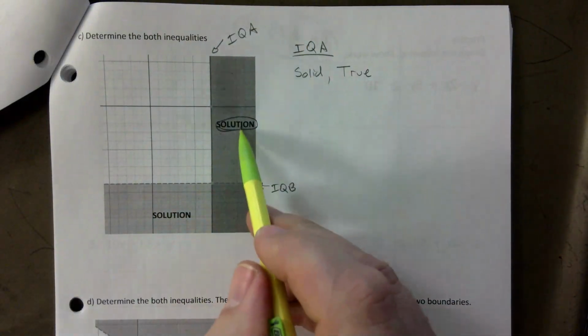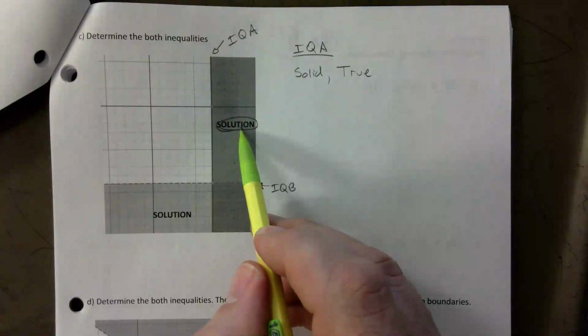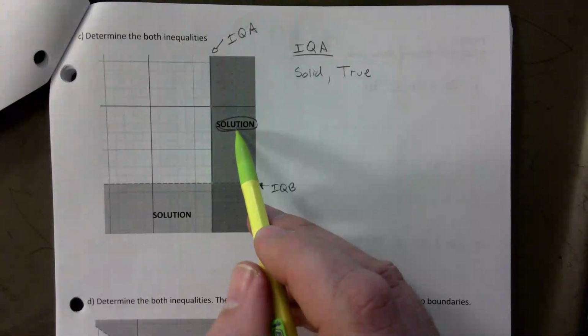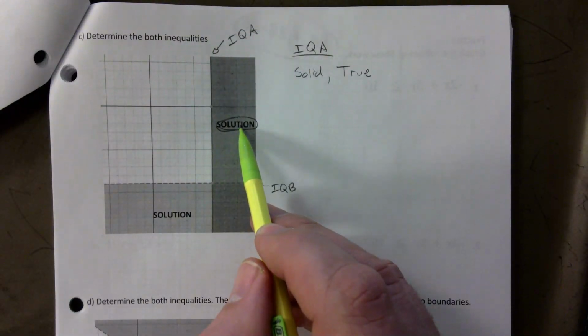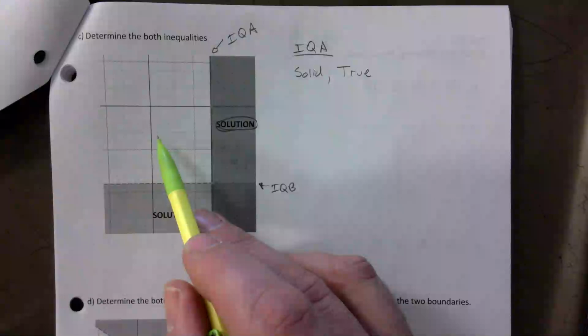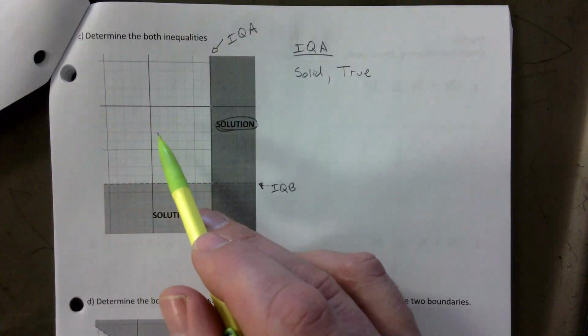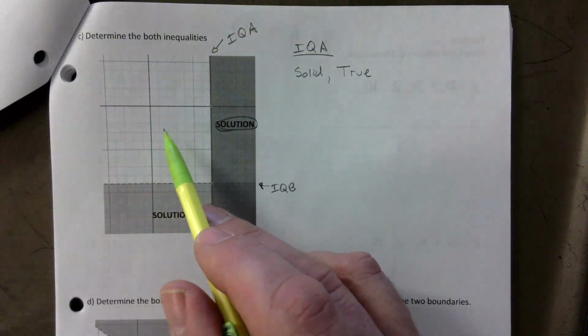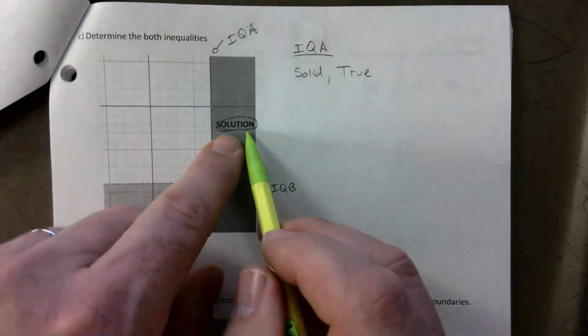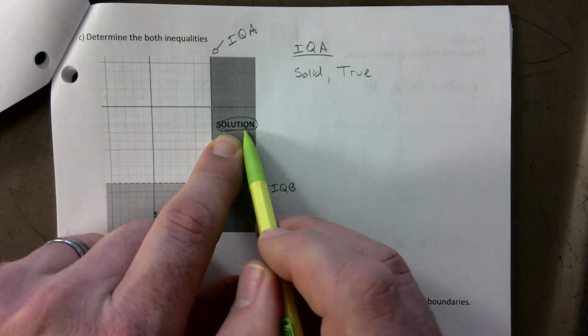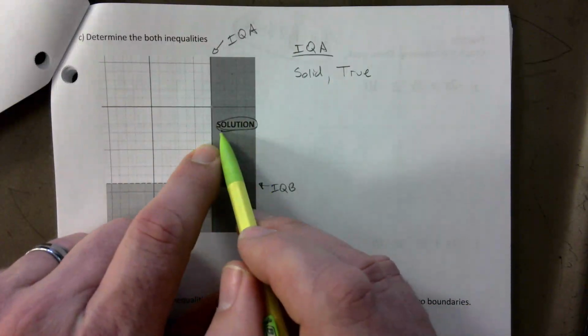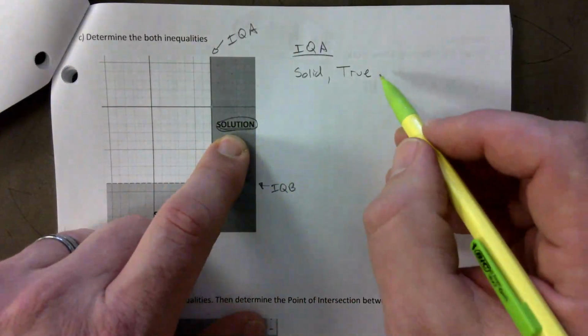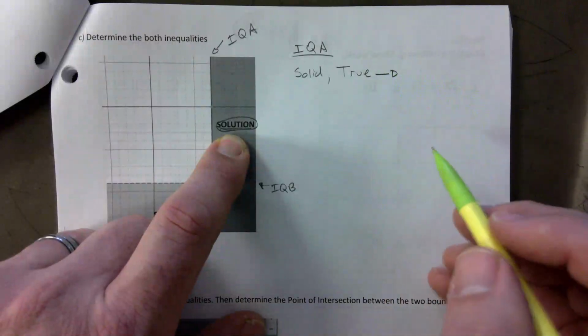If it says solution, that's where the true region is. If this had said solution but this side was shaded, it just means reverse shading was used, but it doesn't take away from the fact that the true region is to the right. So if it's labeled, you go with it. True is to the right side.